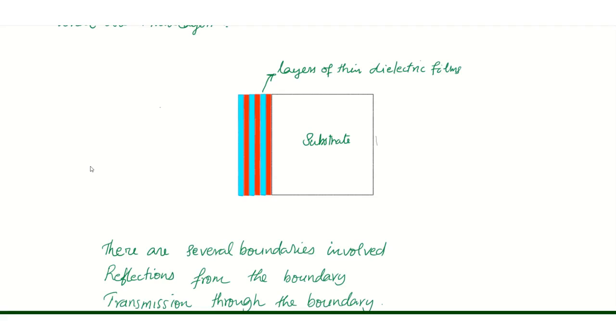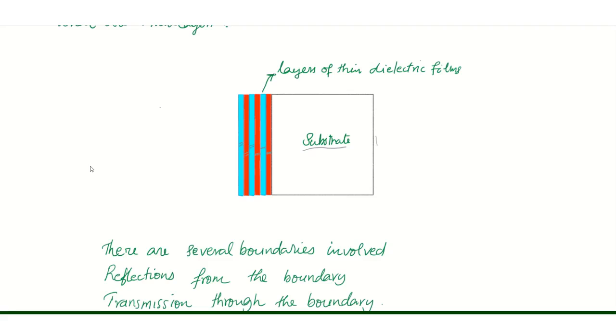then on top of that substrate we have films coated. All these, you see these red and blue regions, are layers of dielectric material coated on the substrate.